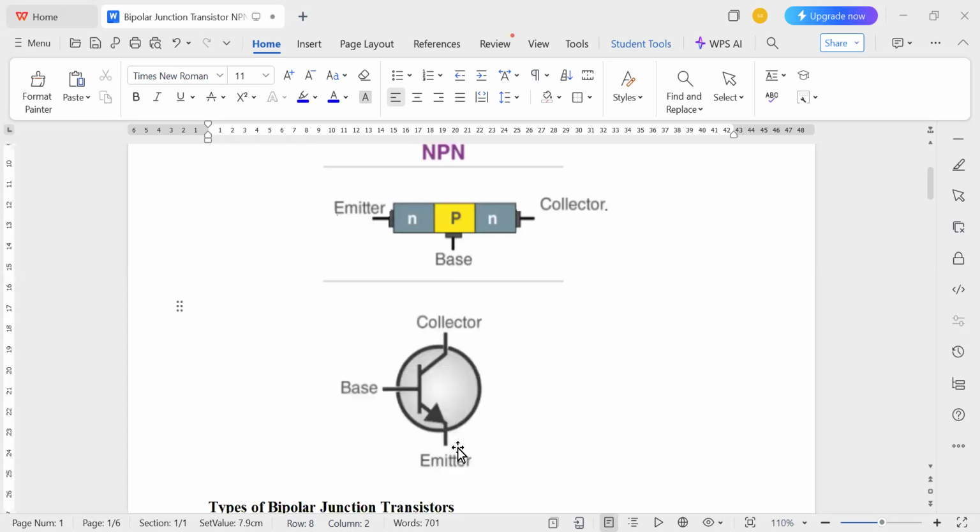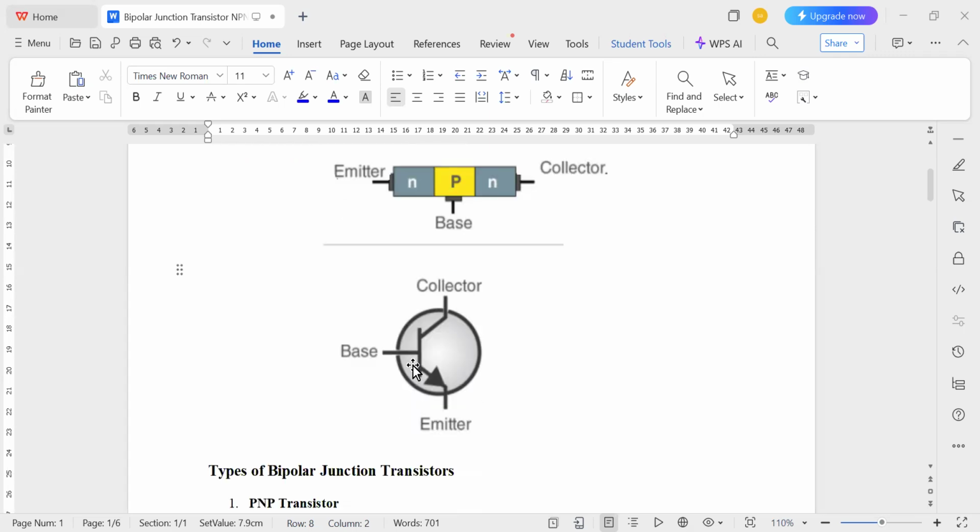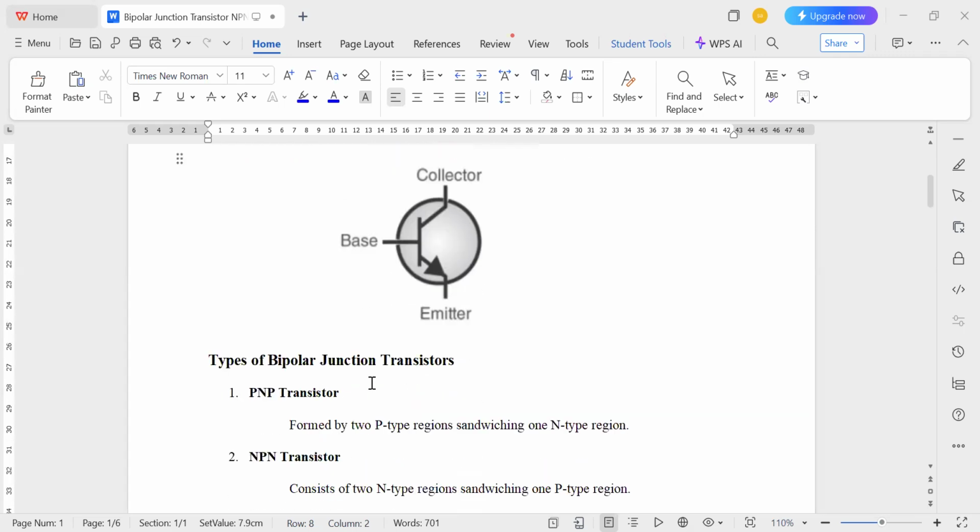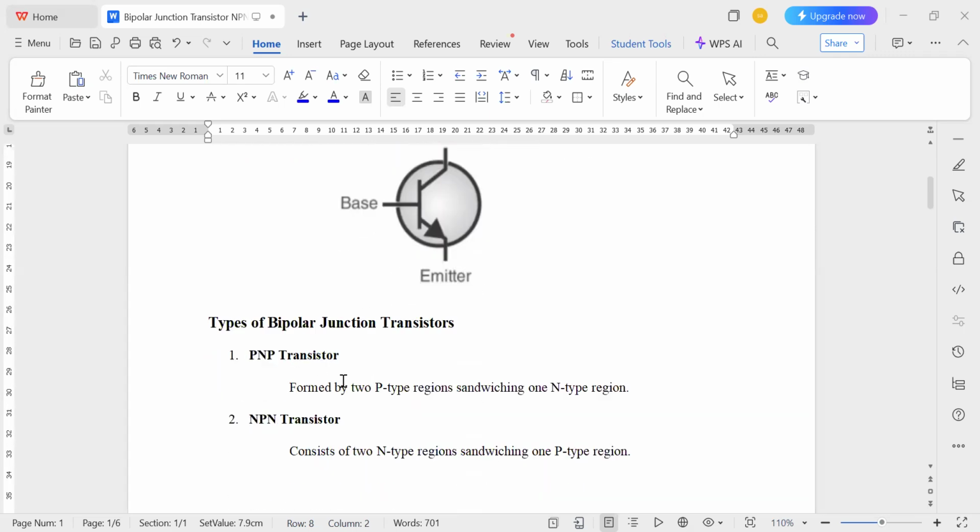Okay, so this is the symbol of the NPN transistor. In an NPN transistor, the arrow mark is away from the base, and in a PNP transistor, the arrow mark is towards the base. So the types of transistor are the PNP transistor and the NPN transistor.